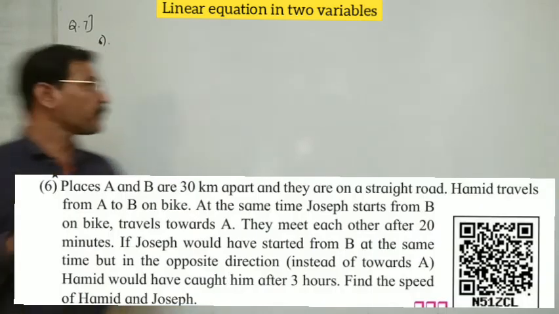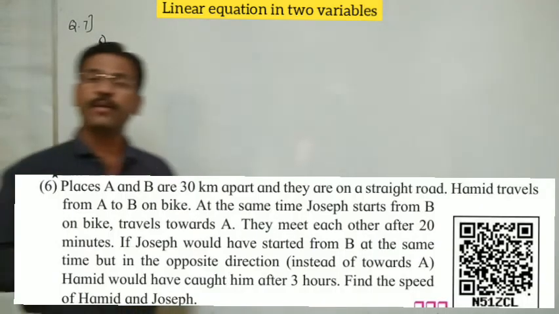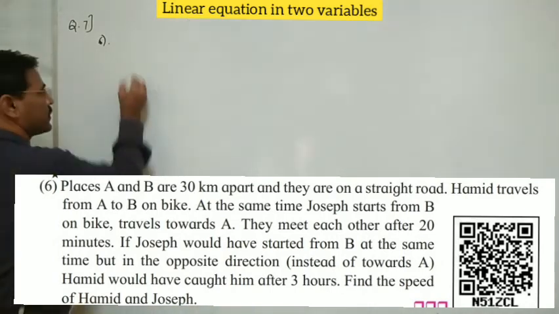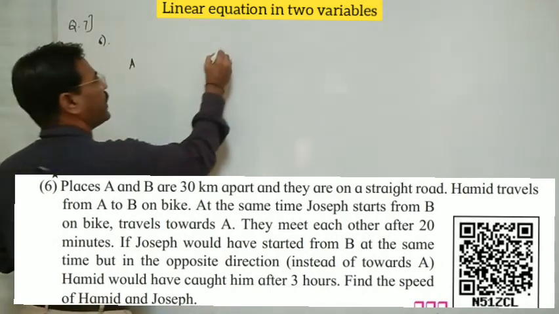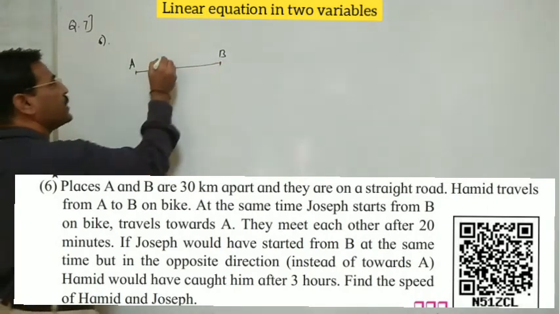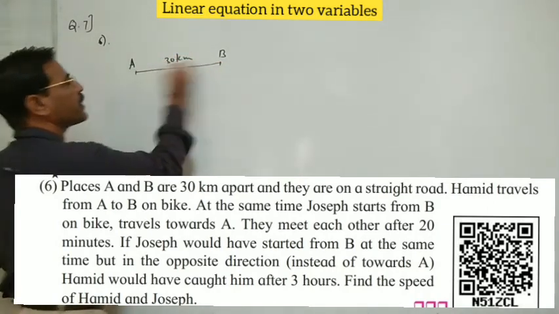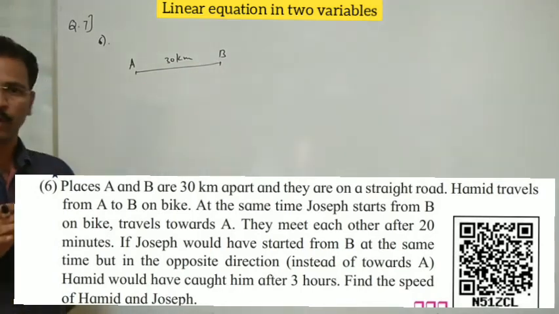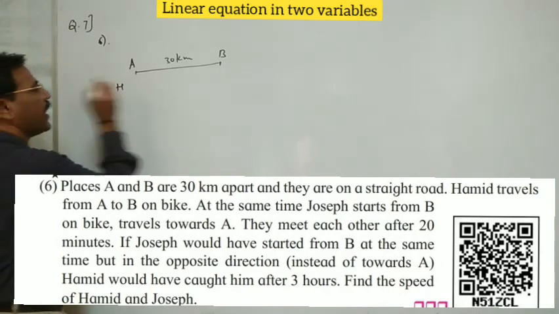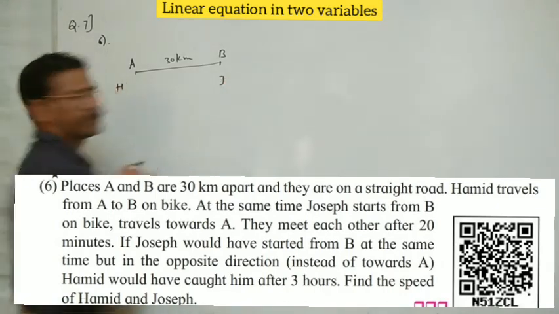See, friends, here. This is the last sum in word problems. See here, A and B are two places. They are 30 kilometers apart from each other. There are two persons, Hamid and Joseph.